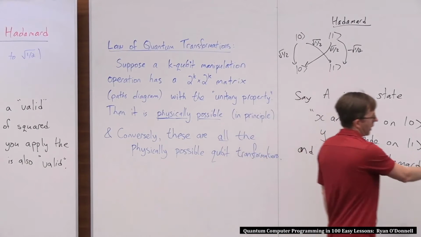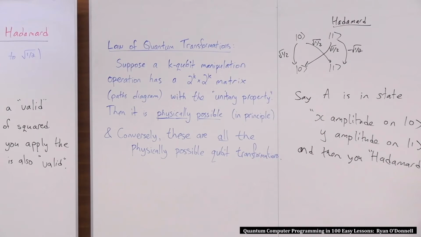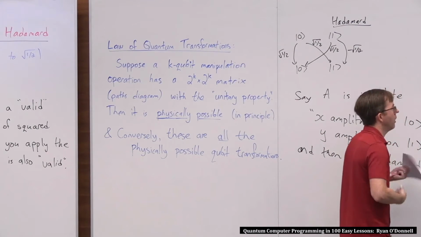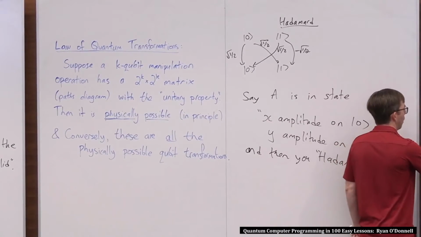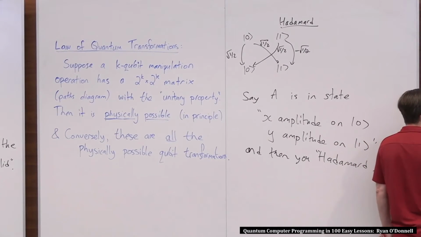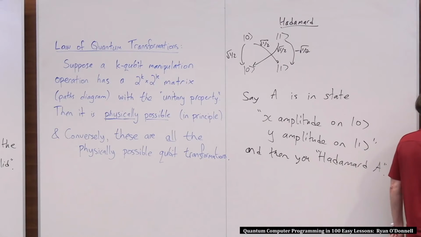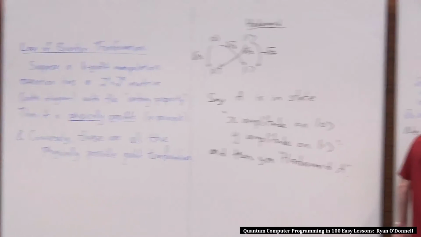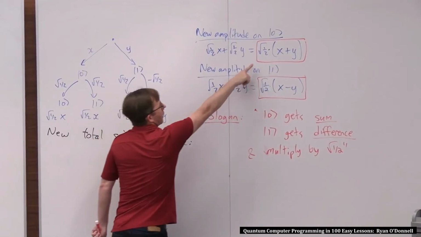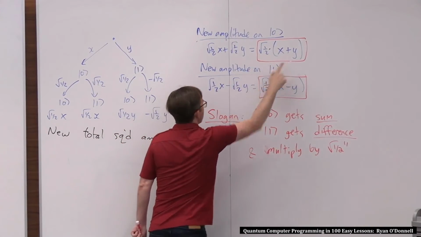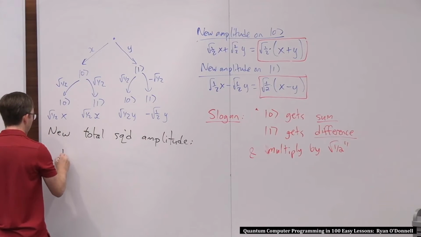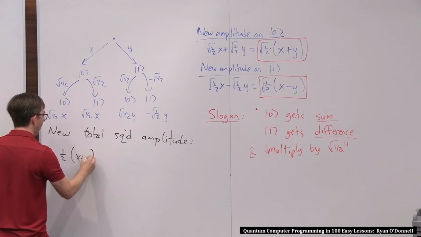I'll check it down here. So the new total squared amplitude: if we square this, we get a half times the square of x plus y, so a half times x plus y squared.